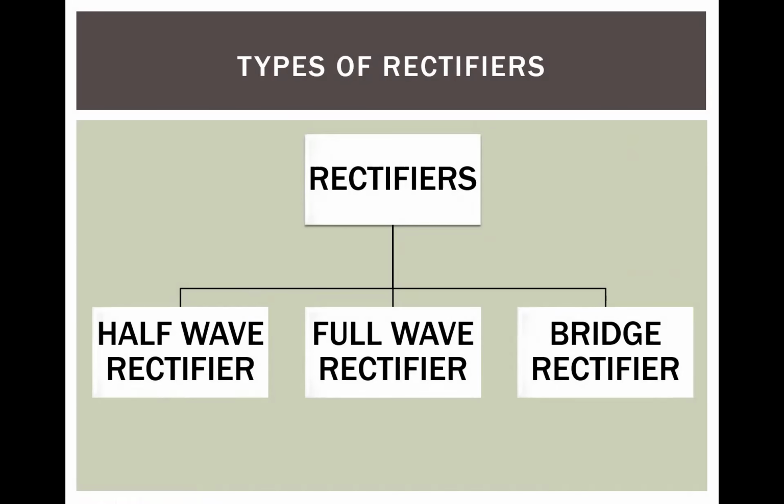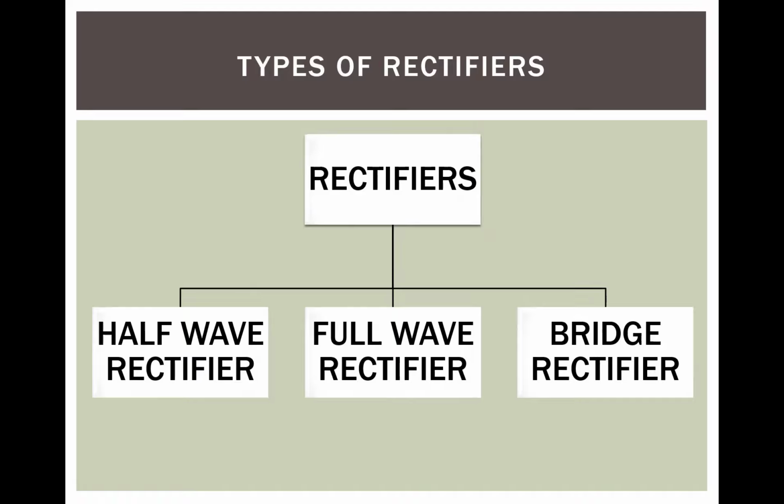The full wave rectifier converts the AC into pulsating DC by converting the full wave at a time. In the bridge rectifier, we use four diodes and the construction is in the form of a bridge, so we call it a bridge rectifier.